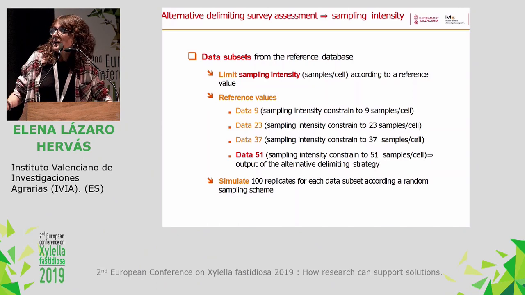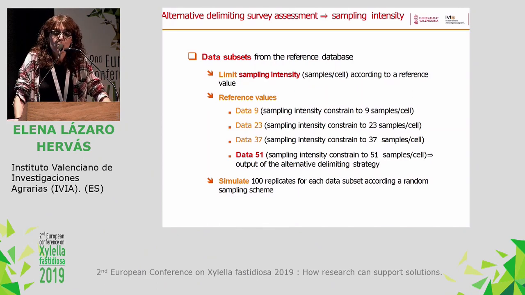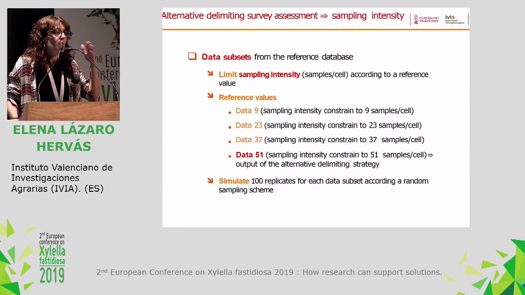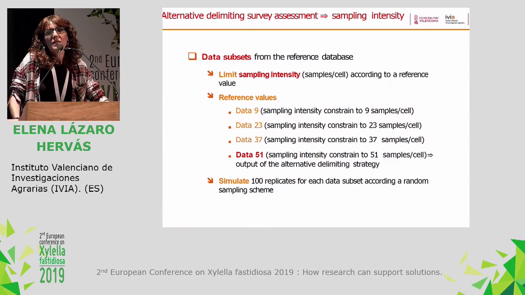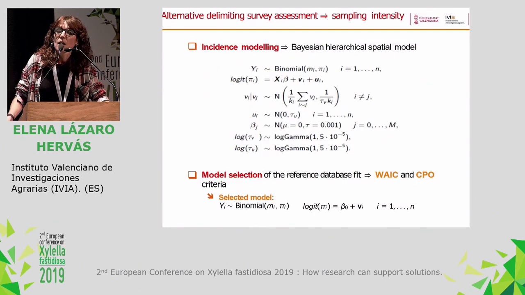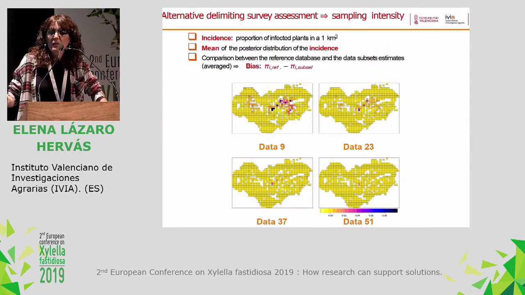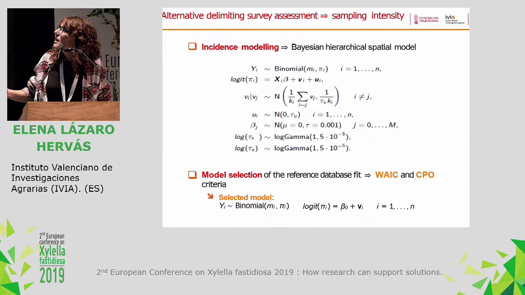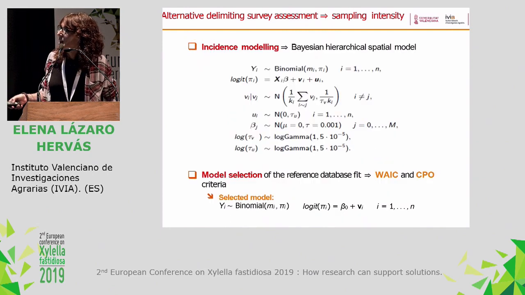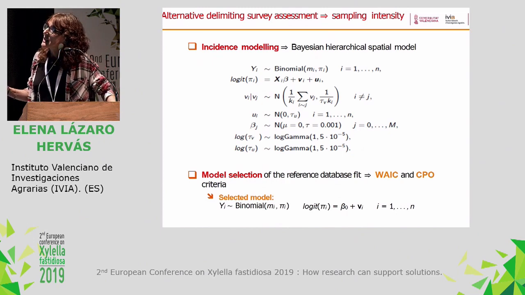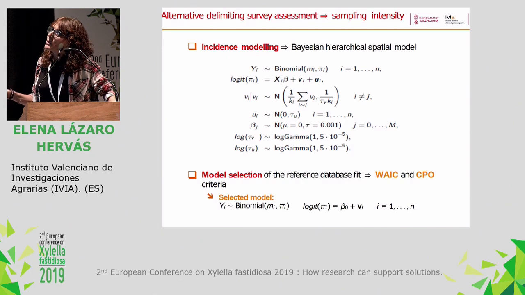So the data subsets have been created, simulating 100 replicates for each data subset according to a random sampling scheme in order to guarantee a correct exploration of the sampling space. Incidence, described as the proportion of infected plants in a 1 kilometer square cell, is modeled using a Bayesian hierarchical spatial model, and we want to explain incidence using information from some climatic covariates, a spatial structure effect and a random effect.